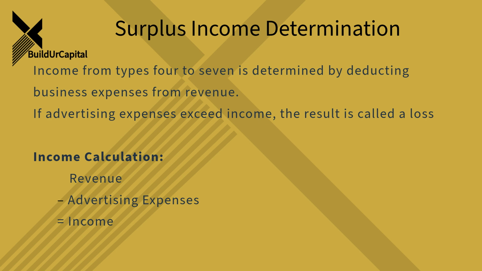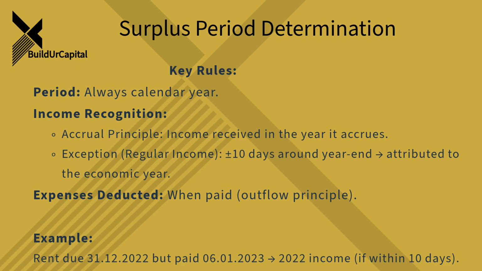No, this is another key difference. The determination period for surplus income is always the calendar year. Always January 1st to December 31st. Even for income from self-employment, if you're using the surplus method? Yes, even then. The text emphasizes this. Calendar year applies across the board for surplus income determination. Okay, that consistency is helpful.